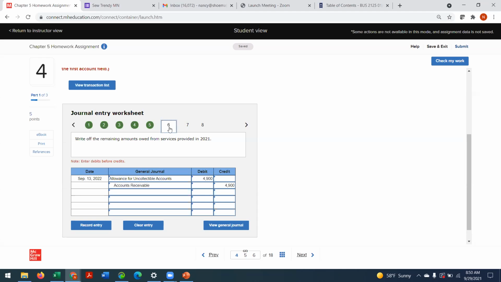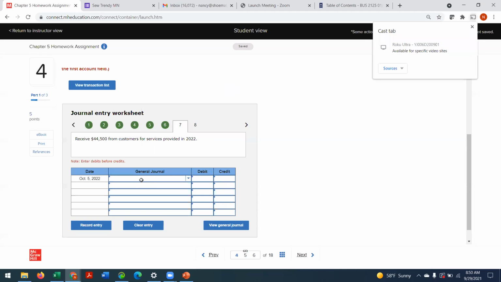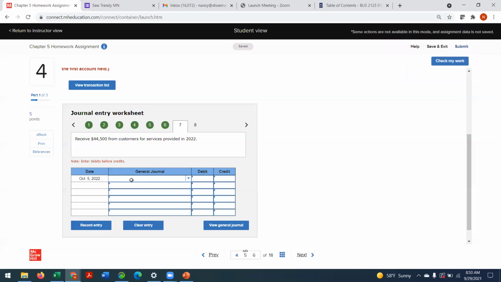So we did just write off the remaining, but now number 7 says, receive 44,500 from customers for services provided in 2022. Here's when we will debit our cash of 44,500.